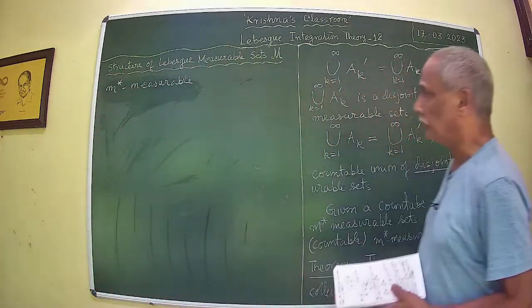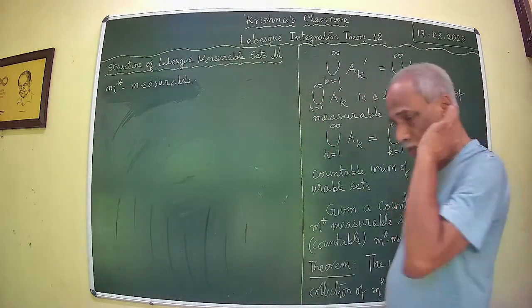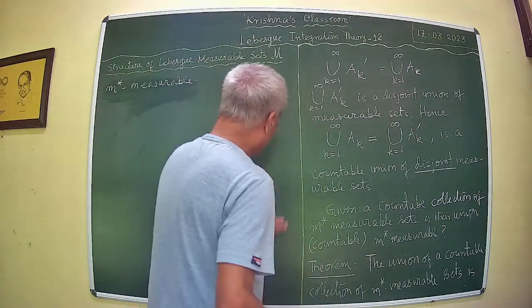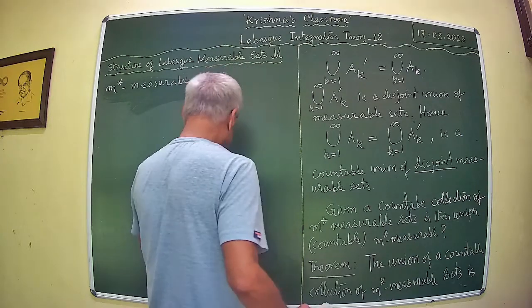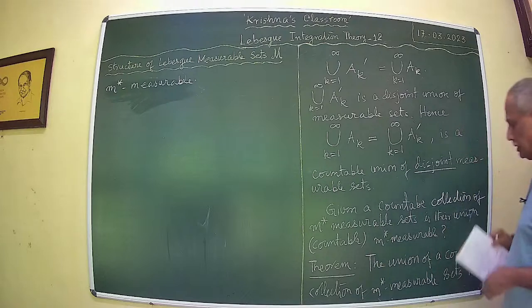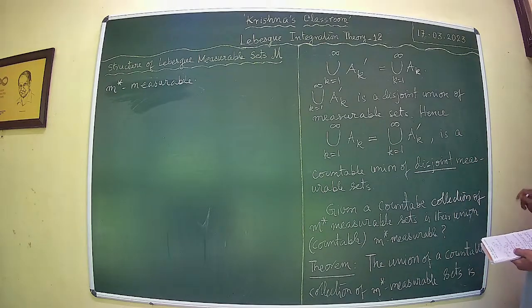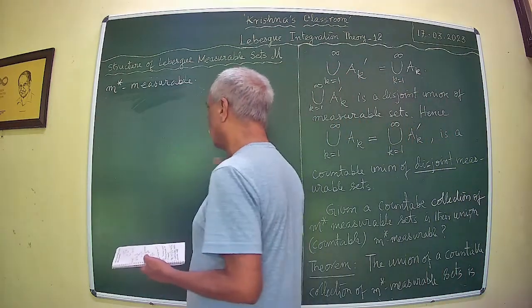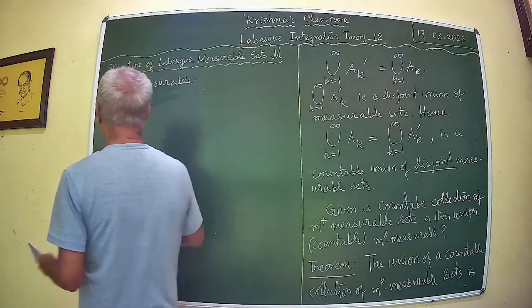That's what we want. Okay. What we have proved earlier is that this property is valid under finite union. But now we are going to go further and say that under countable union also the same property holds. So we'll give a proof.